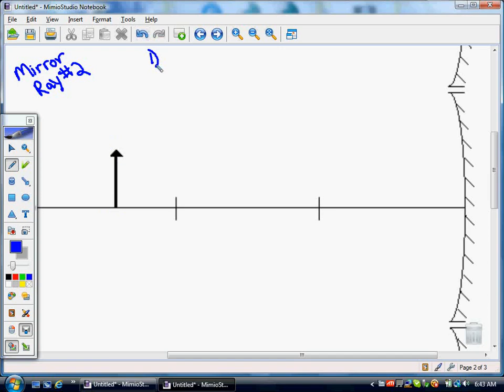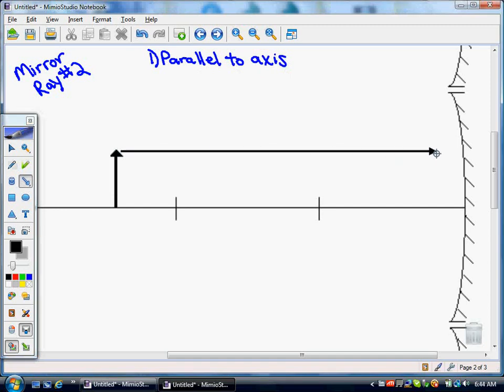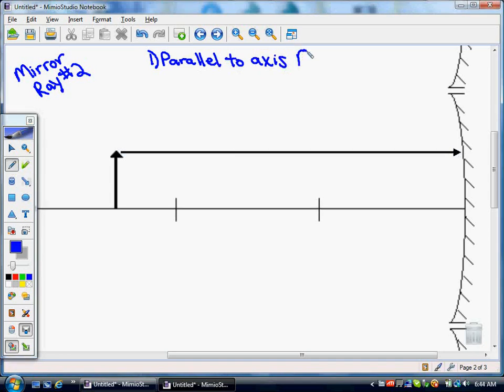And the first ray is going to be parallel to the axis. And this ray, drawn parallel to the axis, will reflect off, reflects through focus.